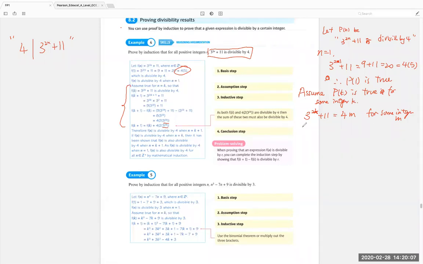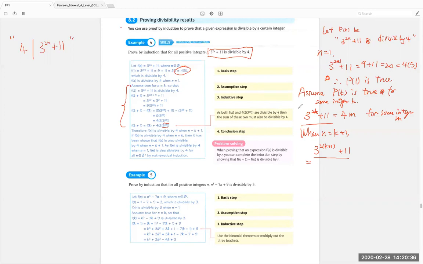So when n equals k plus 1, you want to prove that this statement is true, given that Pk is true. When n equals k plus 1, that is 3 to the power 2 times k plus 1, plus 11. And then you need to think about the relation between this one and this one.